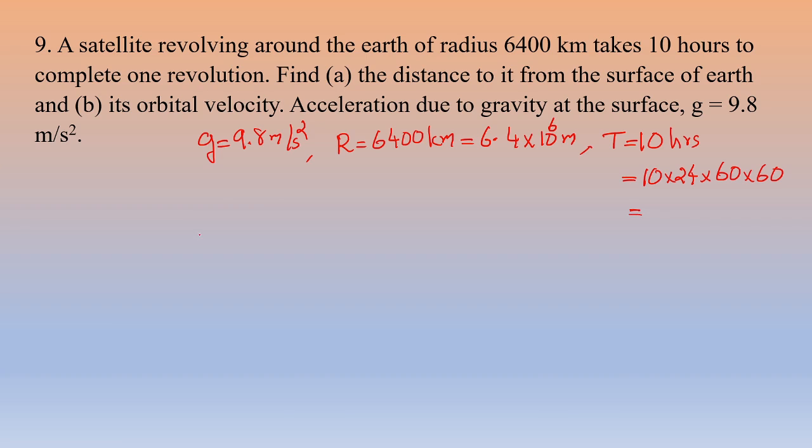And let us see what is the expression for the period. We know the period T is equal to 2 pi into square root of r plus h whole cube divided by small g r square.